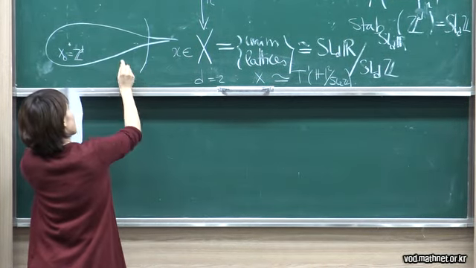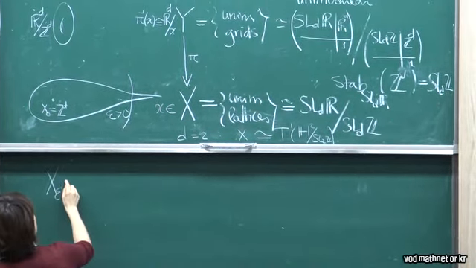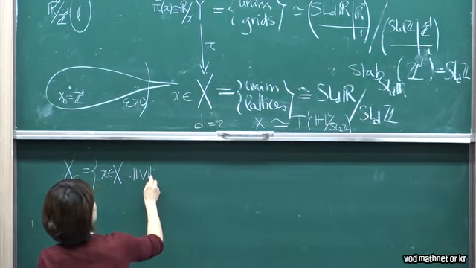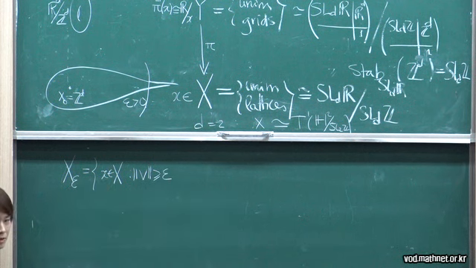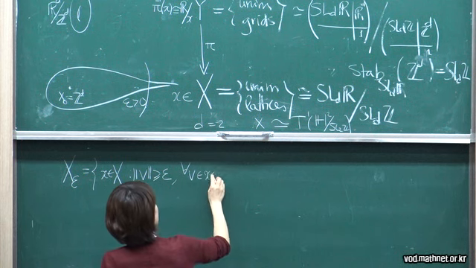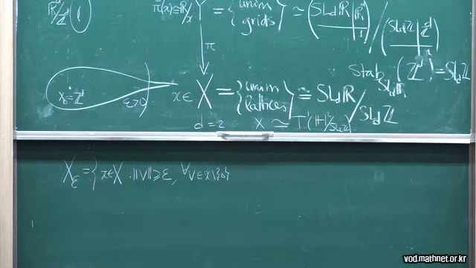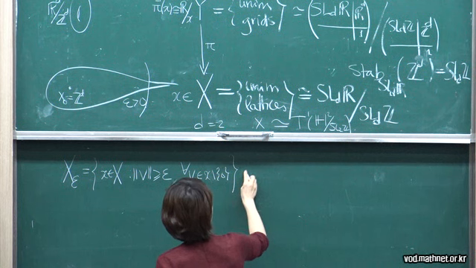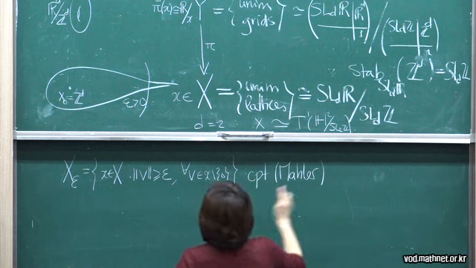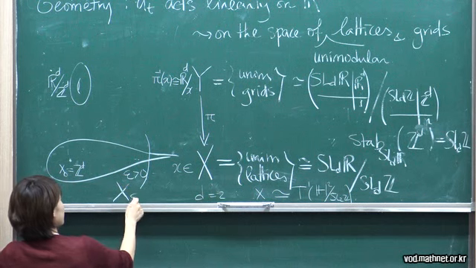If you fix a positive epsilon and you look at X_epsilon, which are all the lattices such that all the vectors are larger than epsilon for nonzero elements in the lattice, sorry, I should not include the zero vector, then this is compact by the Mahler compactness criterion.